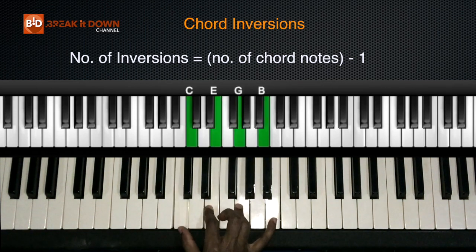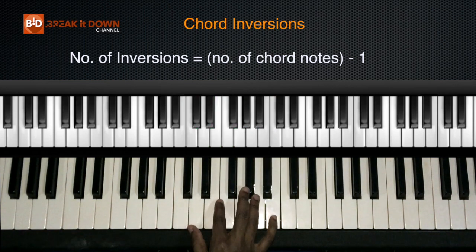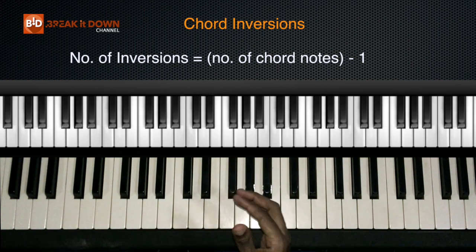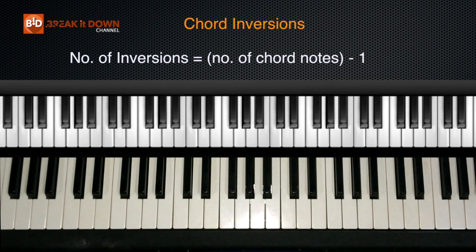If you have 4 notes in the chord, you would have 3 inversions. If you have 5 notes in the chord, you would have 4 inversions. And likewise. Okay, so that's it for inversions.